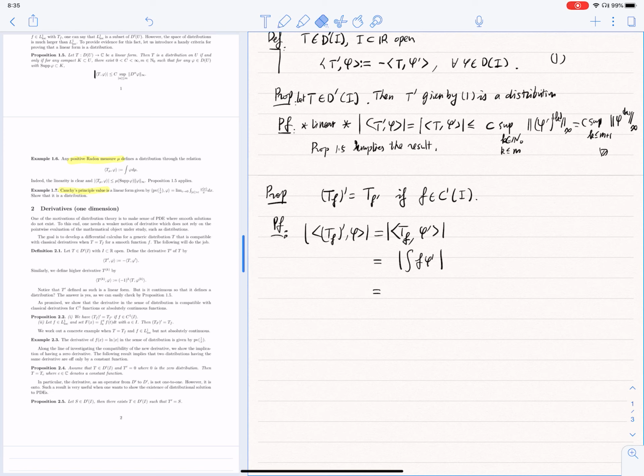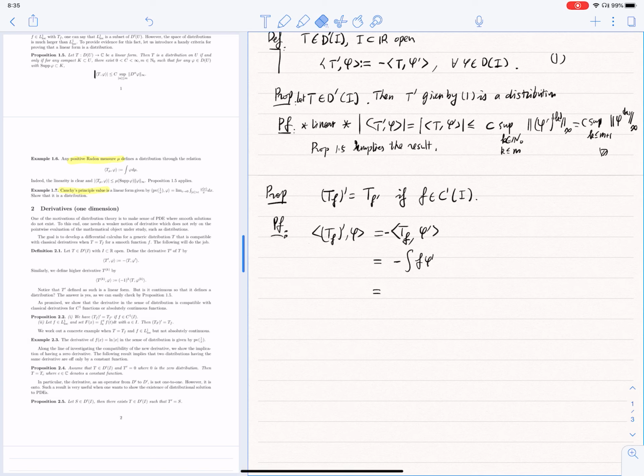Sorry, I'm not going to take the absolute value, so everything I say holds with equality.